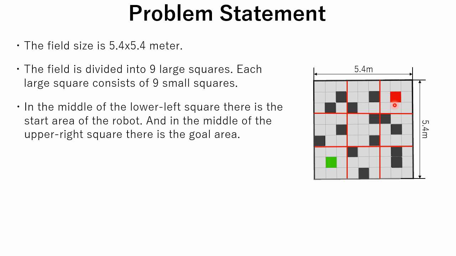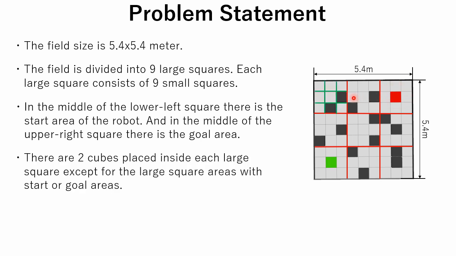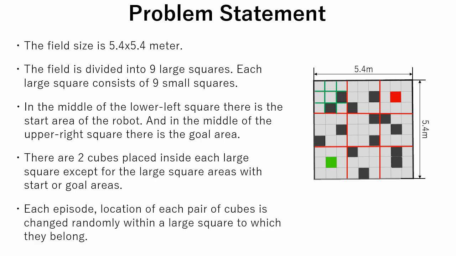And in the middle of the upper right square, there is the goal area. There are 2 black cubes placed inside each large square, except for the large square areas with start or goal areas. Each episode, the location of each pair of cubes is changed randomly within the large square to which they belong.